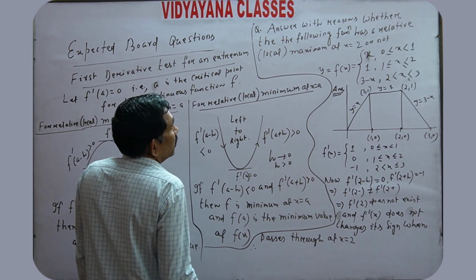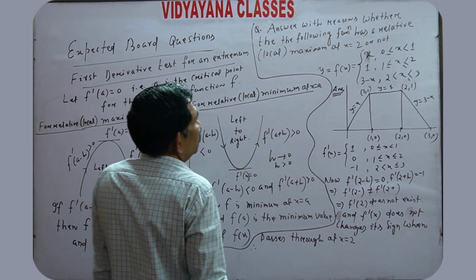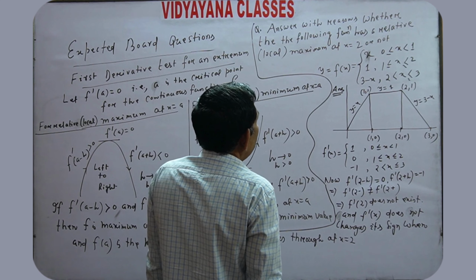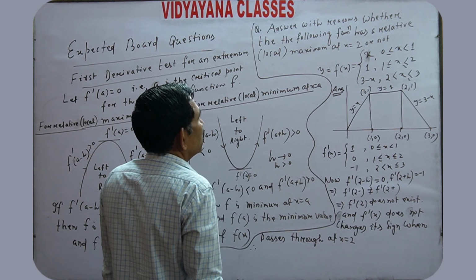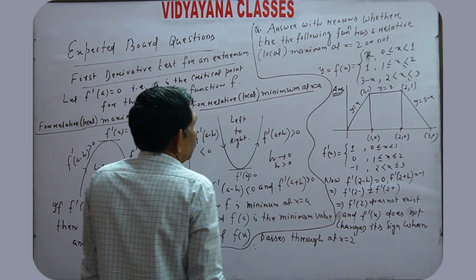Therefore, the question is: answer with the reasons whether the following function has a relative, that is local, maximum at x = 2.